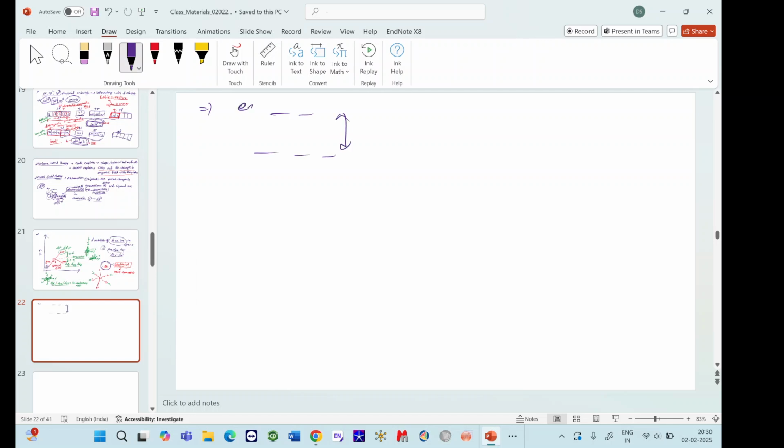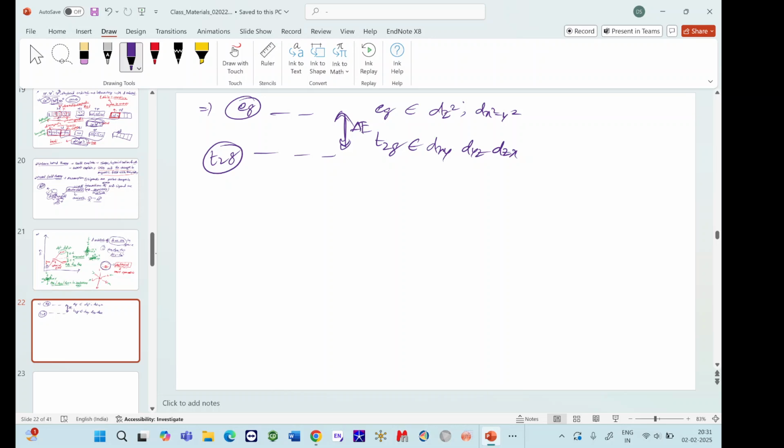These are called the eg set. These are called the t2g set. eg is dz square and dx square minus y square, and t2g is dxy, dyz, and dzx. And this is the energy delta, the difference between the eg and t2g sets.